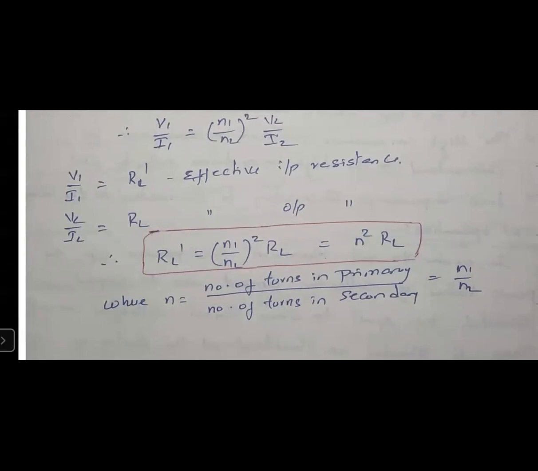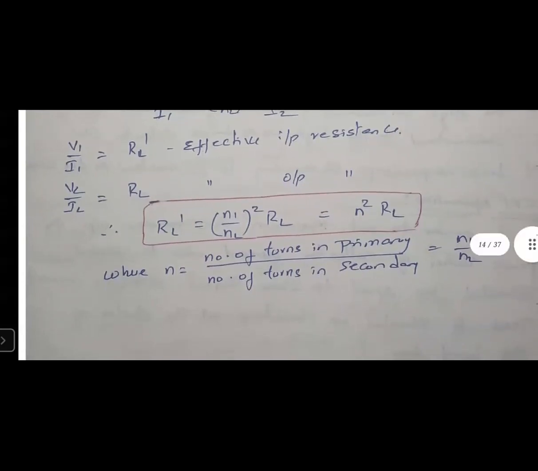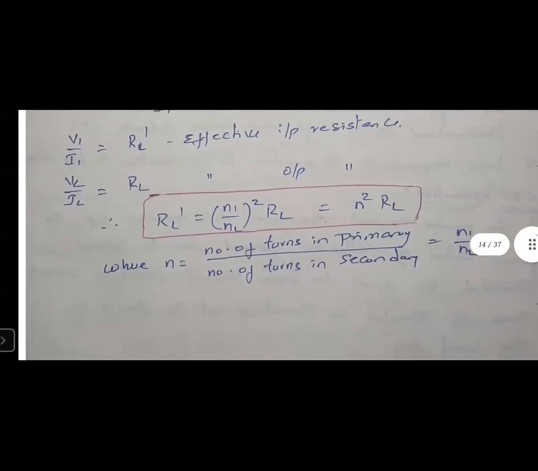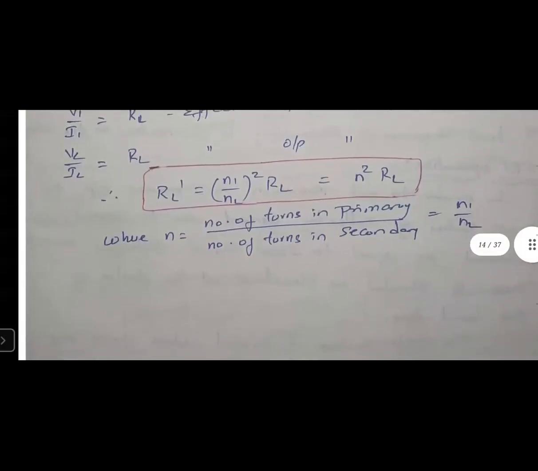So RL dash equals (N1 by N2) whole square into RL. That is, the input resistance equals the turns ratio squared times RL, or simply, writing N1 by N2 as N, RL dash equals N square into RL, where N is the number of turns in the primary divided by the number of turns in the secondary.